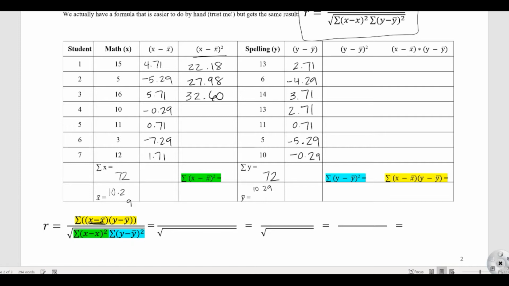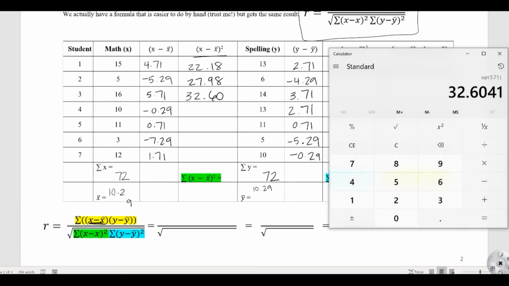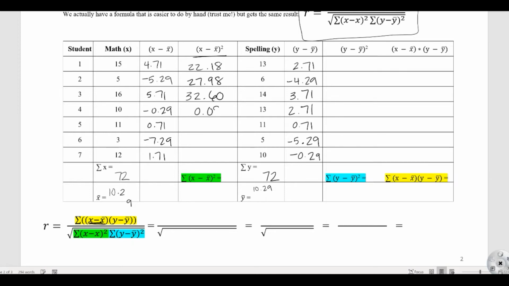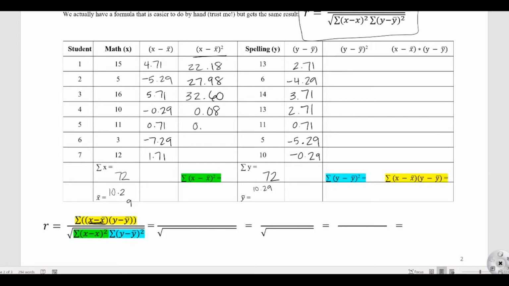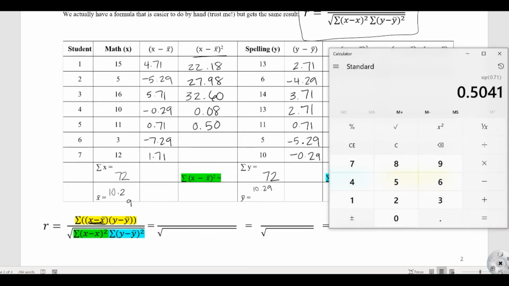And people always ask me when I'm doing this about rounding. Honestly, if you round a little bit, it's not going to make a big difference to the overall calculation. But going to 2 decimal places is probably best. So 0.08, 0.7, 0.50. 7.29. And again, I know that whether it's positive or negative, it's going to come out positive when I square it.